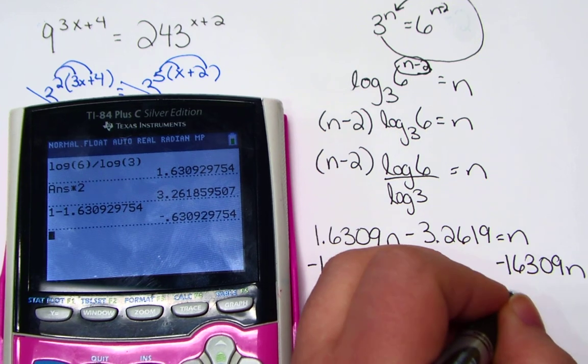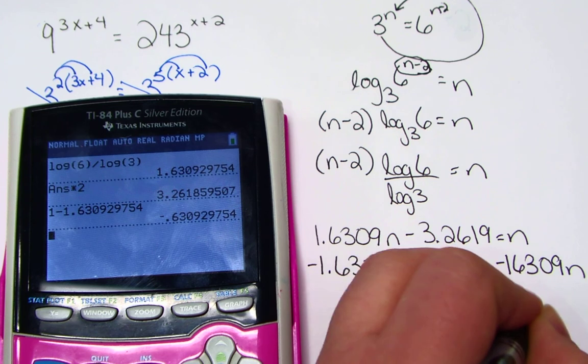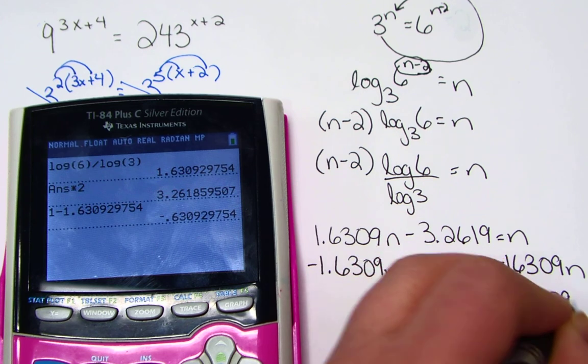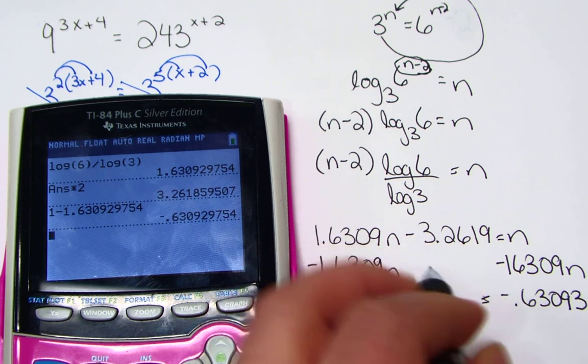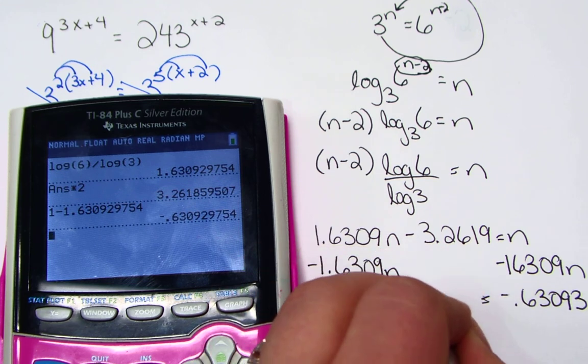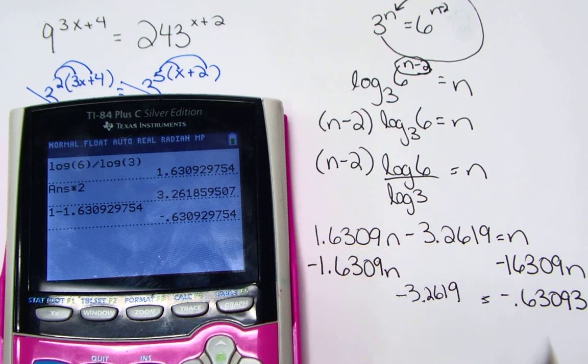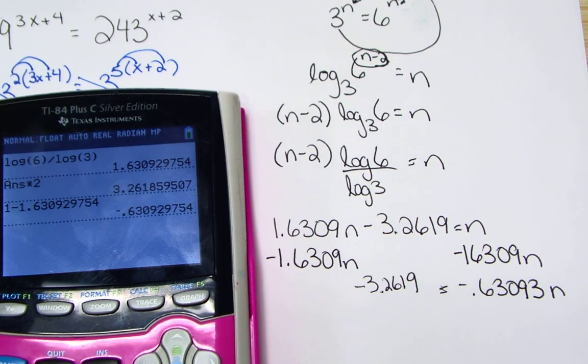But I get negative 0.6309, I'll say 3n equals negative 3.2619. And now we have to divide.